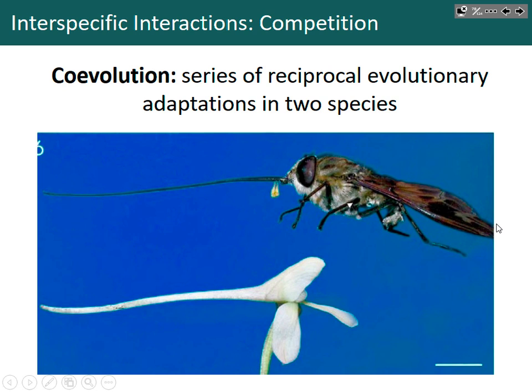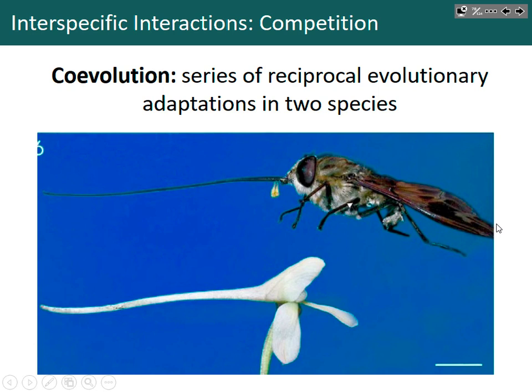And so when we look at a community, whether we're looking at a pollinator and plant relationship, a predator-prey relationship, or competition between two species that eat the same kind of food, we often see these coevolutionary processes happening where one species adapts and then the other is going to adapt in lockstep with it.